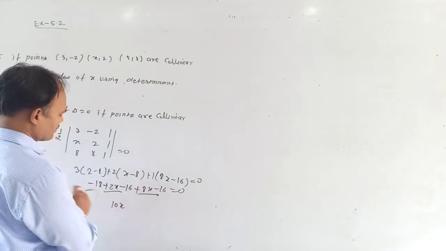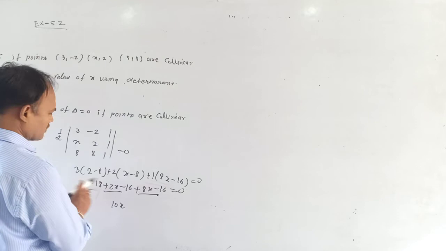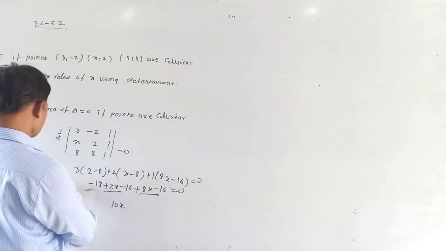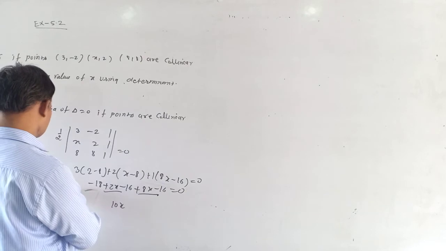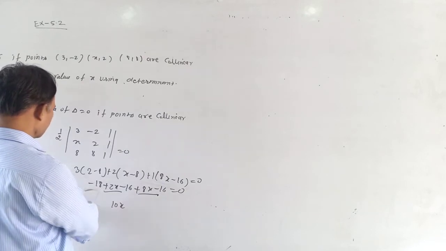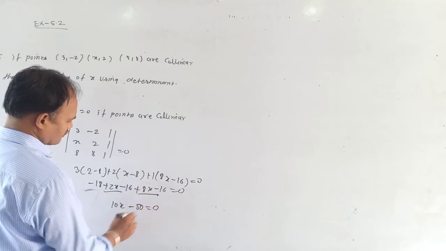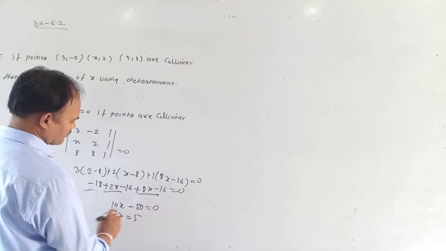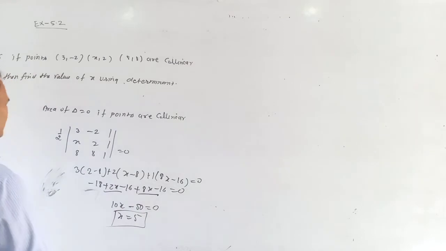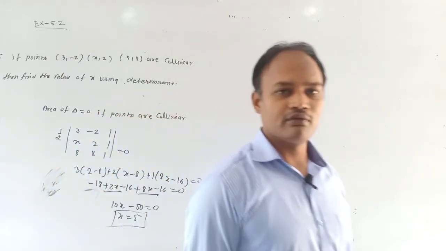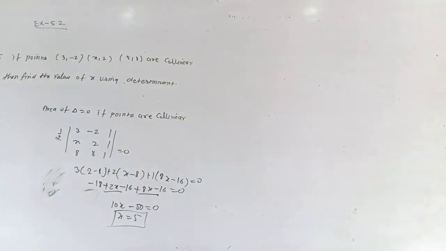It is minus 32 and minus 18. So we can say that it is 10x minus 50 equals 0, so x equal 5. So students, what is the value? We can say that the value of x is 5. This is a very simple question, students.